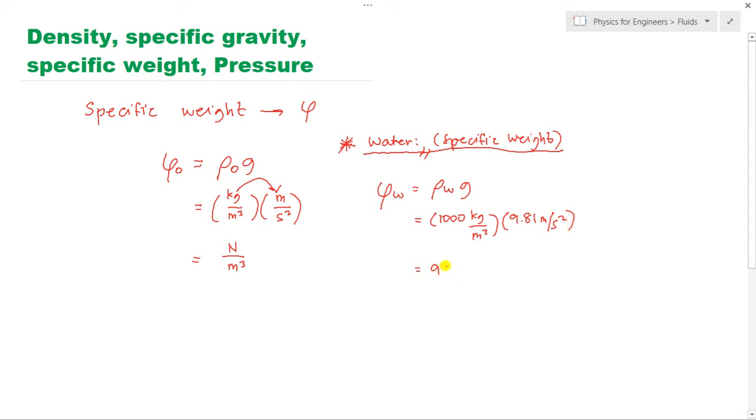Simplifying, that is 9,810 Newton per cubic meter, or you can convert this Newton into kilonewton. So that is 9.81 kilonewton per cubic meter. Now, it's your task, class, to convert the specific weight of the water to the English system, and that is 62.4 pound per cubic feet.